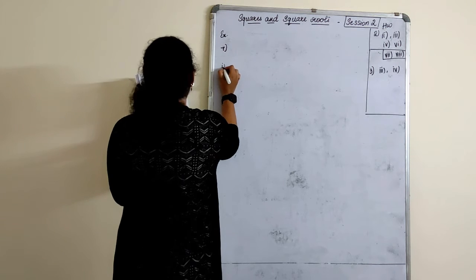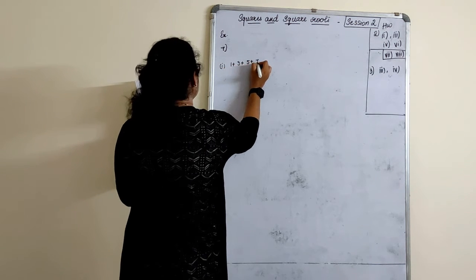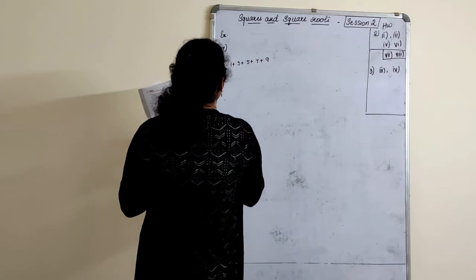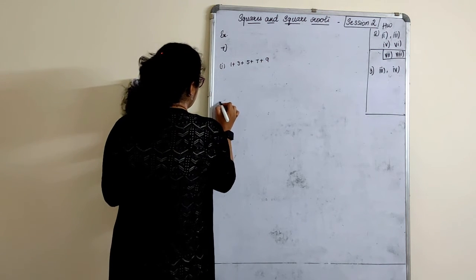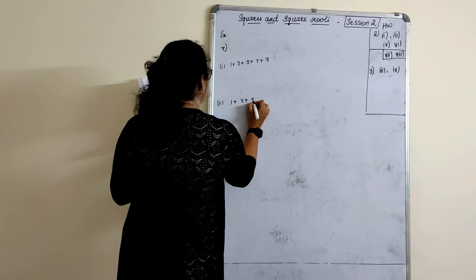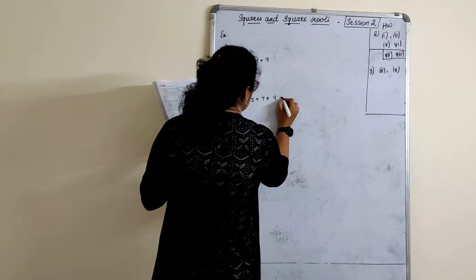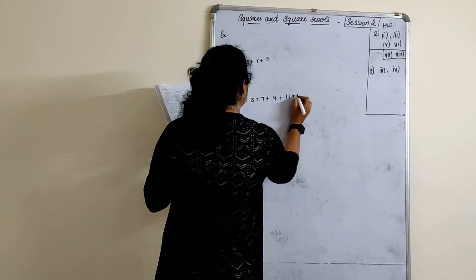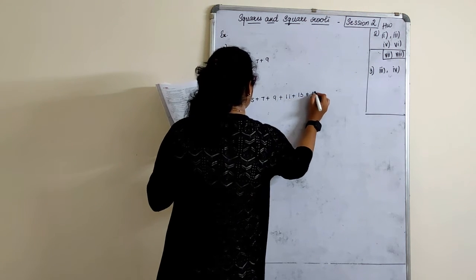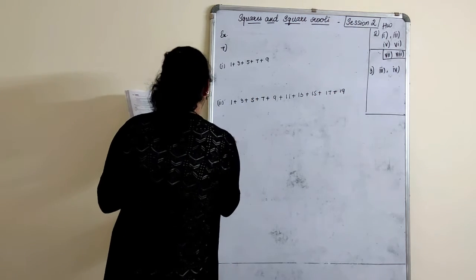7th one: 1 plus 3 plus 5 plus 7 plus 9. I'll just copy the sums first, then I'll tell you what it is. 1 plus 3 plus 5 plus 7 plus 9 plus 11 plus 13 plus 15 plus 17 plus 19.